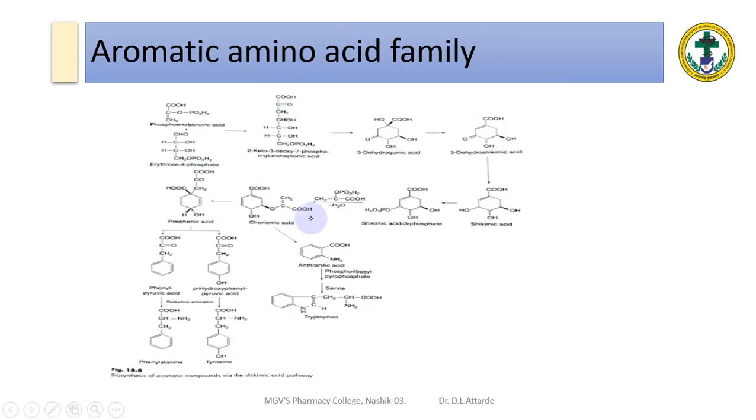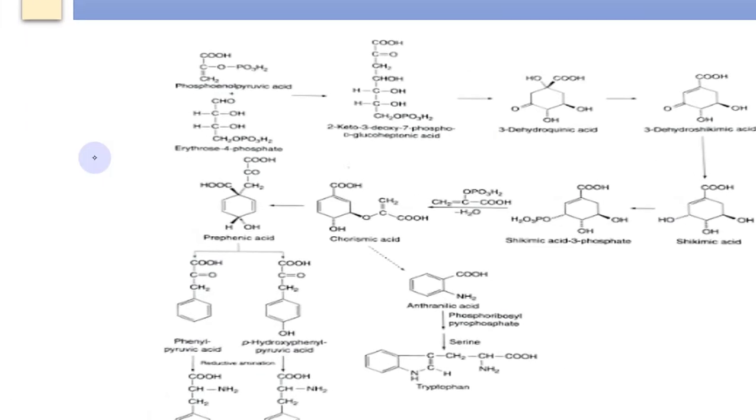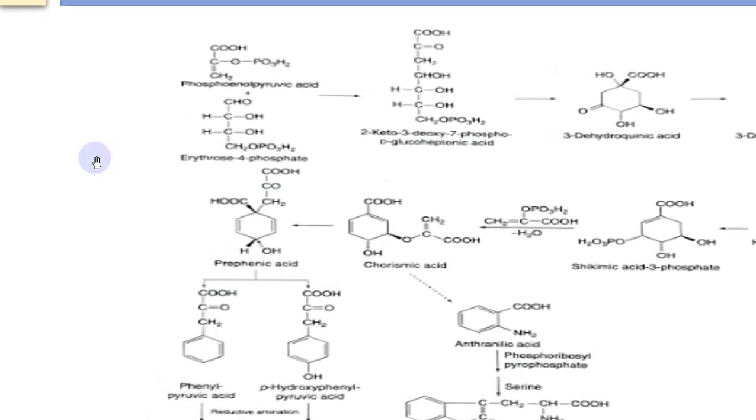Now this is the shikimic acid pathway for the formation of aromatic amino acid. We had seen it already. Now again a little discussion we'll do over it. Phosphoenol pyruvate from the glycolysis of glucose, which is 3 carbon, and 4 carbon erythrose 4 phosphate that comes from photosynthesis, condense to form 2 keto 3 deoxy 7 phospho D-glucoheptonic acid.